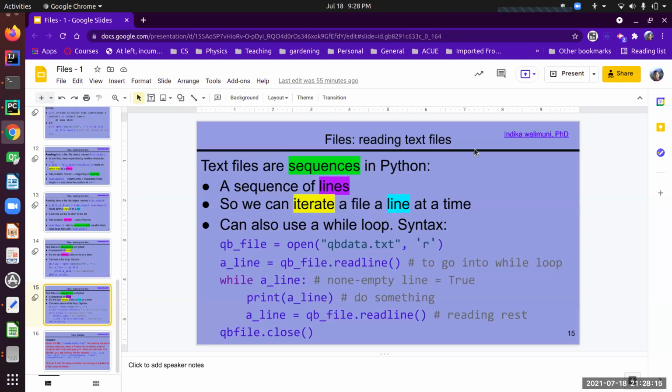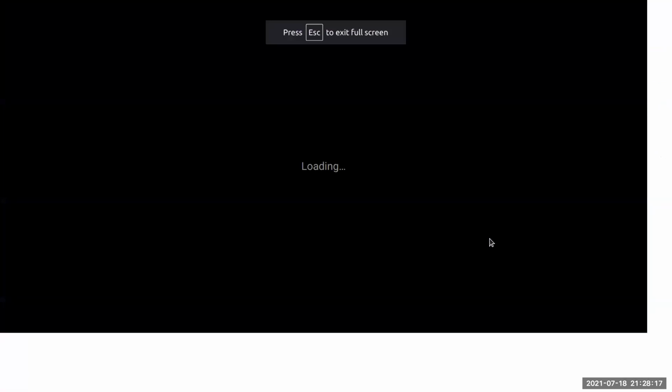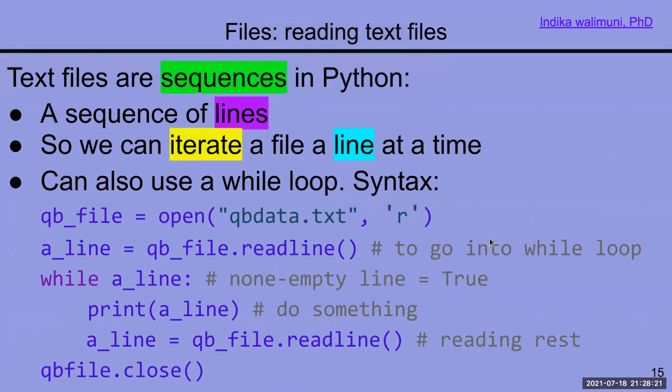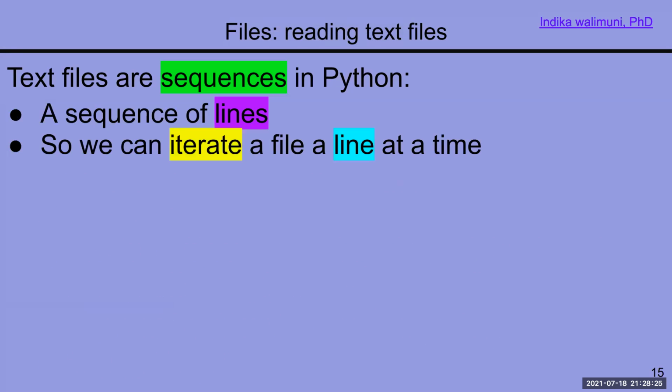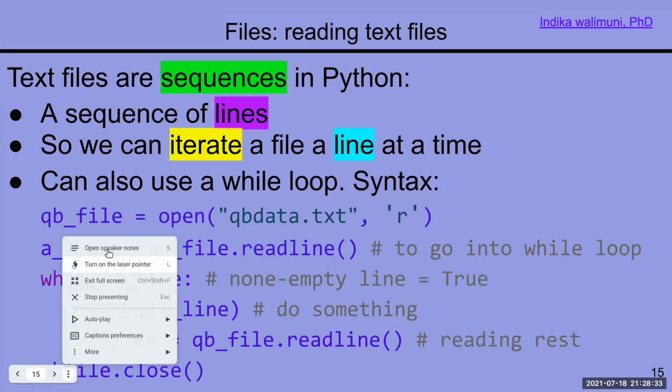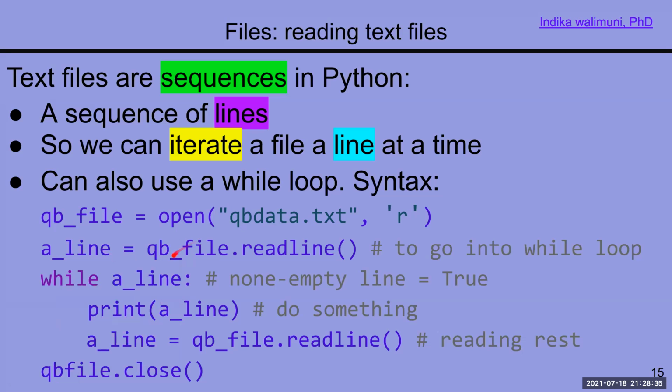In the case of a while loop, you have to have one line read already, so that we can go into the while loop. So a line is now not empty because I already read the first line.